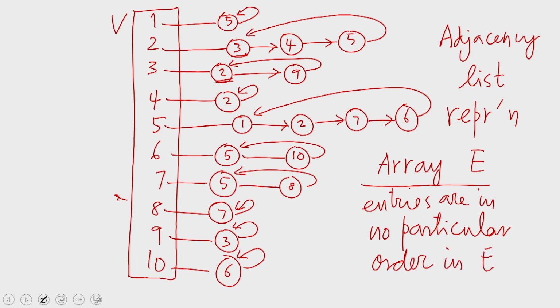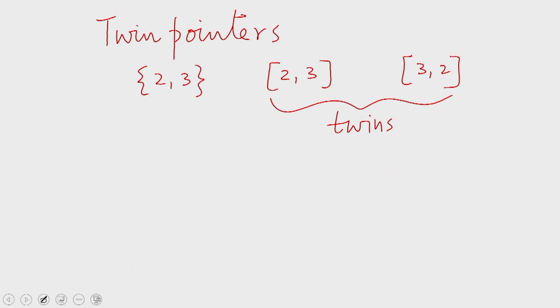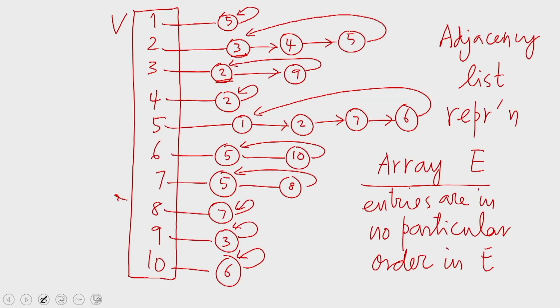That is, the physical order in which they are given in the array E has no particular relation to the logical order. The logical order is what we have drawn here. So, they are all jumbled together in array E, and these entries have twin pointers, which means the entry 2 3 will point to the entry 3 2 and the entry 3 2 will point to the entry 2 3. We do not draw the twin pointers here because that will clutter the picture. What we assume is that the twin pointers are present here.